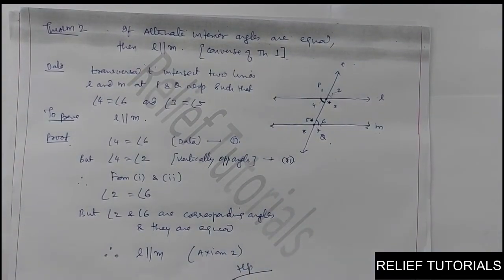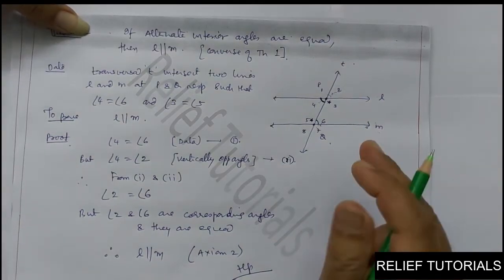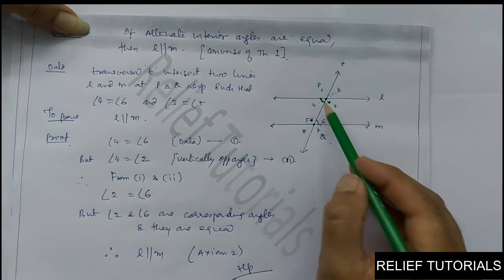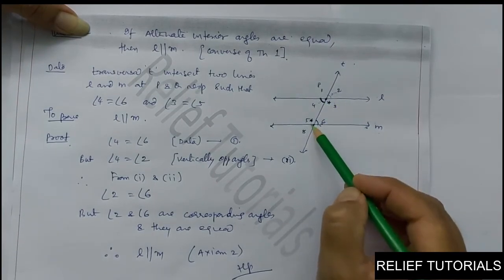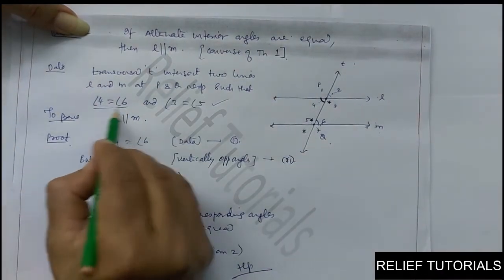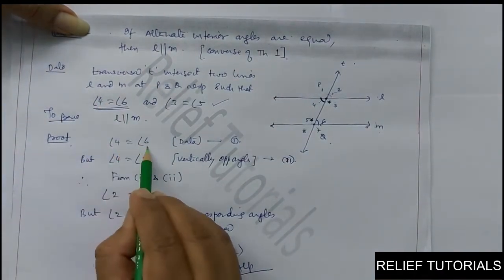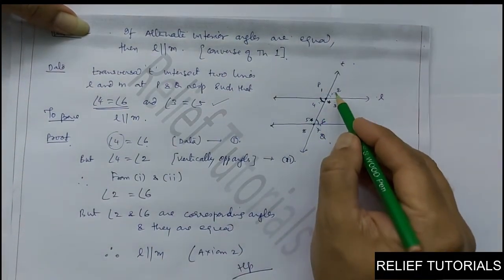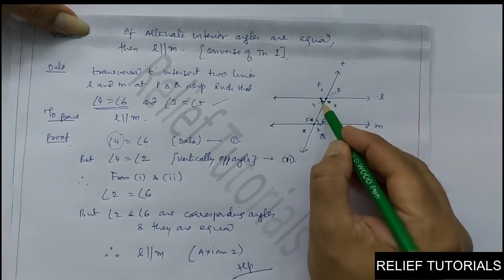It is quite simple. Our theorem is if alternate angles are equal, then lines are parallel. So here it is given that alternate angles are equal, that is 4 is equal to 6 and 3 is equal to 5. You have to prove that L is parallel to M. So you will select any one pair, this pair, 4 equal to 6. That is data. Now from this you have selected angle 4, so the opposite angle is 2. So we can say 2 is equal to 4.